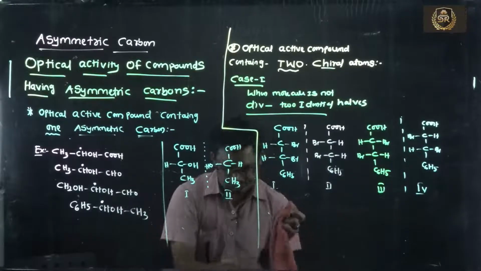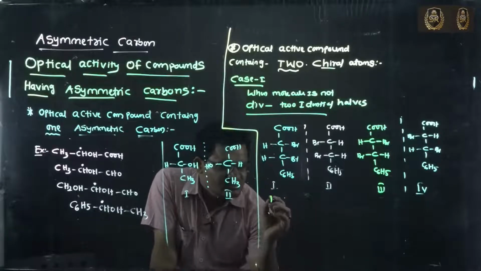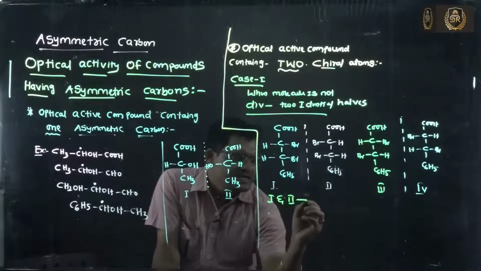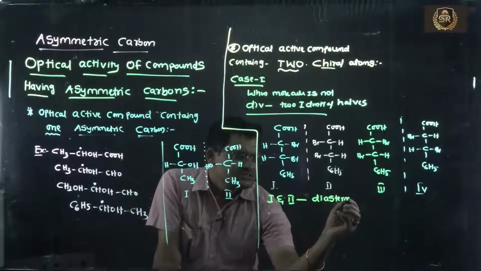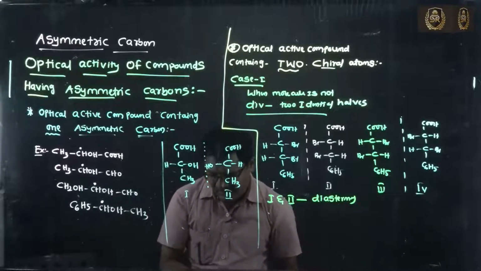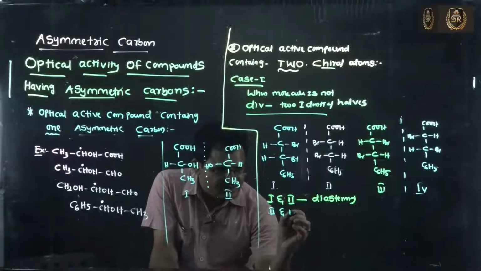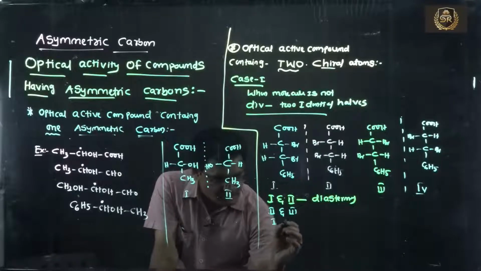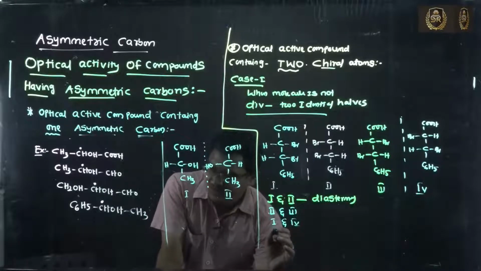See, this is very important. In this one, 1 and 2 are diastereomers. Next, 2 and 3, after that 1 and 4, after that 2 and 4.